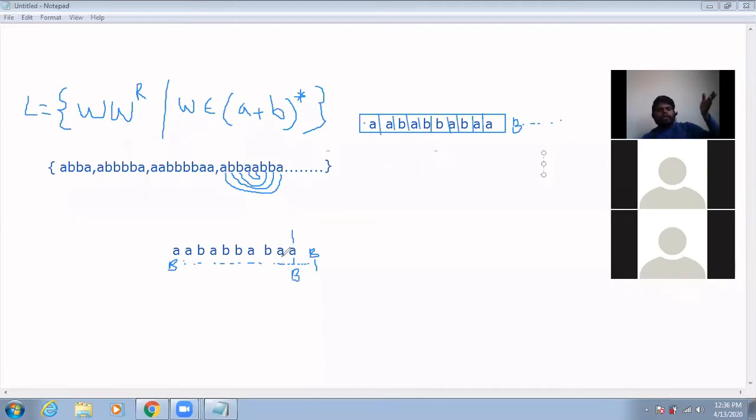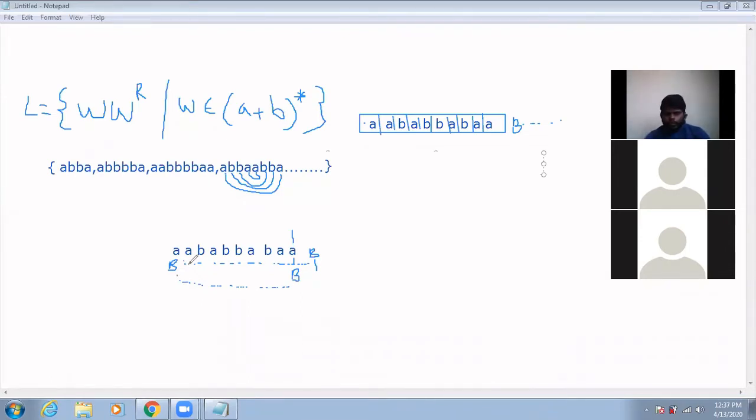Any number of A's, any number of B's, you go to the left hand side until I encounter the blank again. Whenever a blank is encountered, I need to move to the right hand side to repeat the same process.